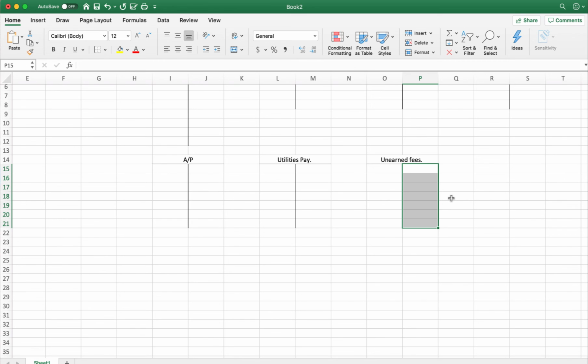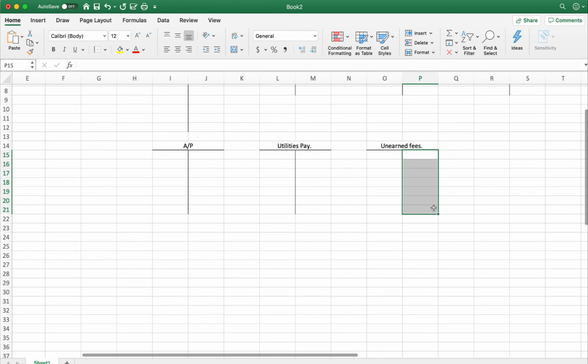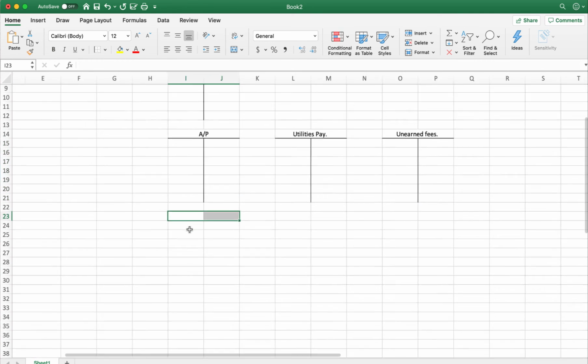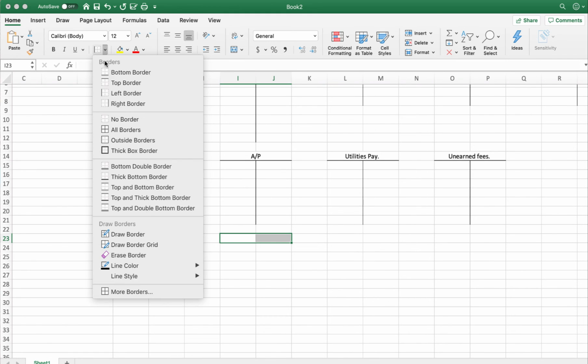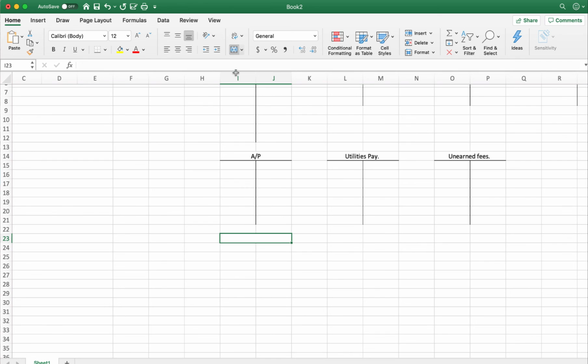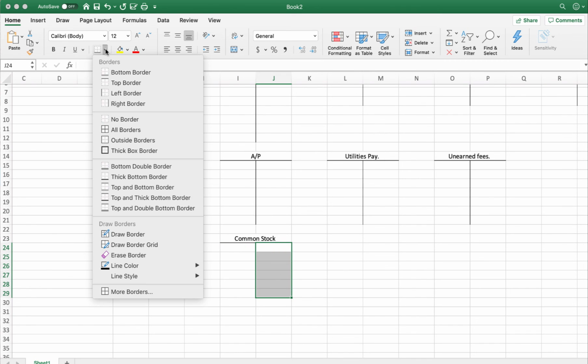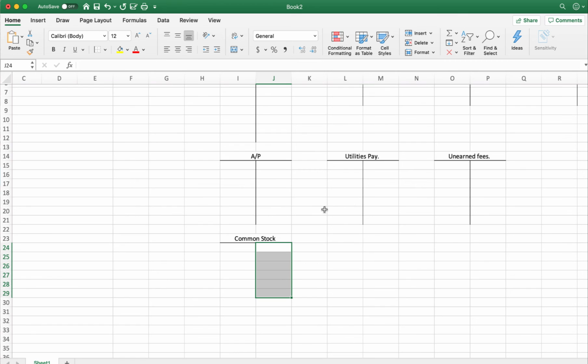And then it looks like after we get through our liabilities, we have our equity accounts, right? So we have common stock. Now remember, everything we're doing here applies to a corporation, somebody that follows GAAP, right?